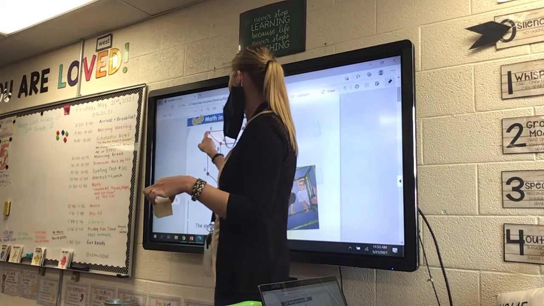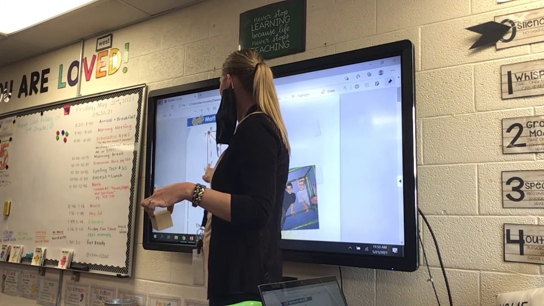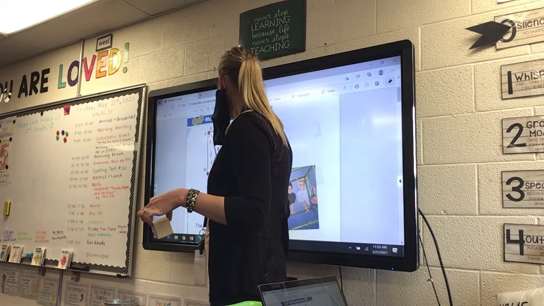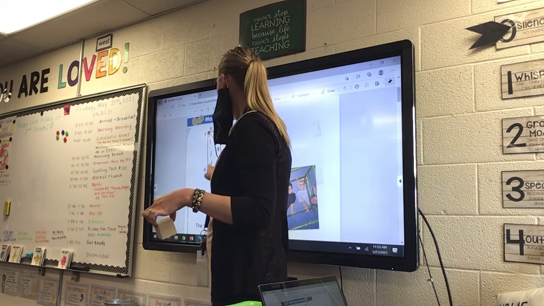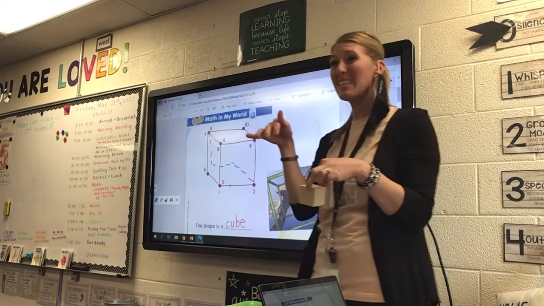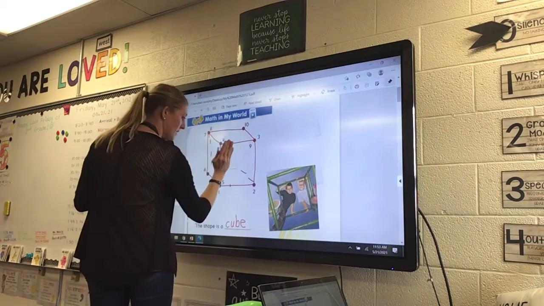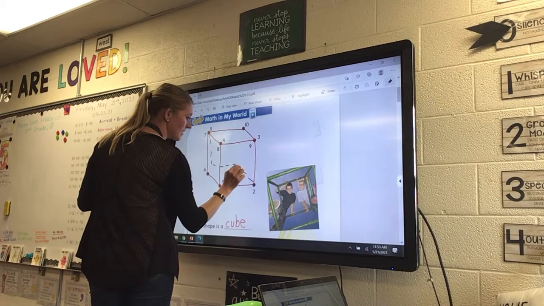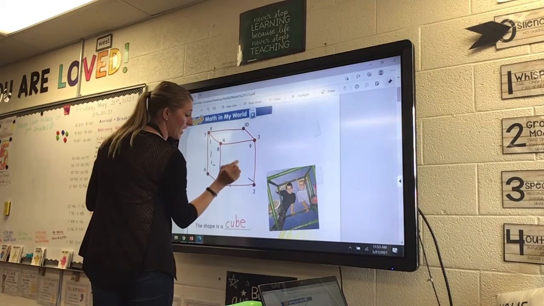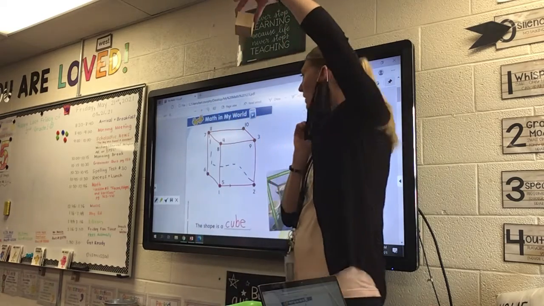So sometimes what they do is they will put like dotted lines to show you where the edges are, but you just can't see them. Okay? And I know on the next page we're gonna see those dotted lines. So if there's ever dotted lines, this means that there is an edge there, but you just can't see it. It's kind of like hiding, okay?